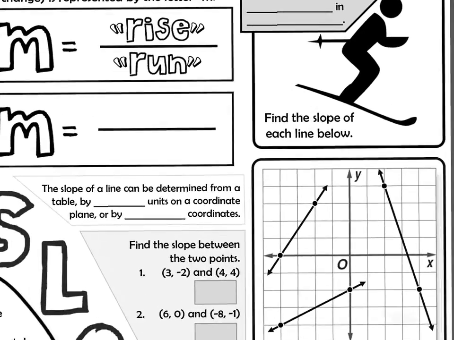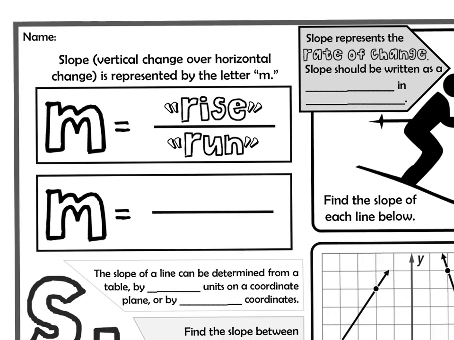So the vertical, we've already talked about it with the similar triangles, but slope is the vertical change over the horizontal change. And you might want to highlight that, underline it. So vertical change over horizontal change, which is also known as the rise over the run.